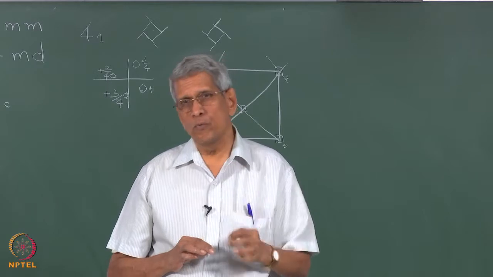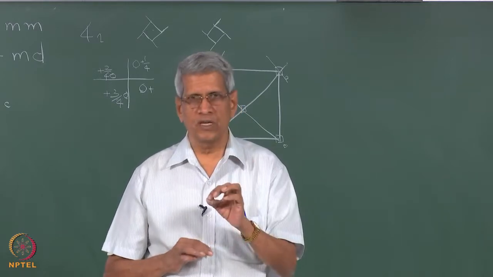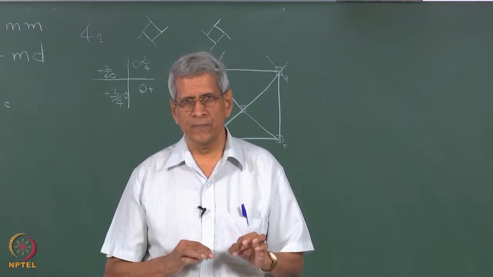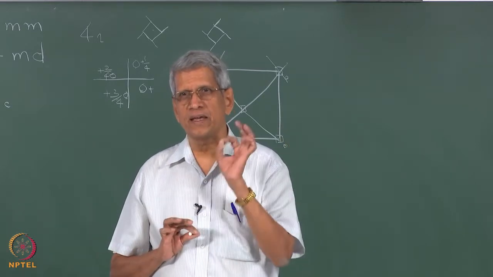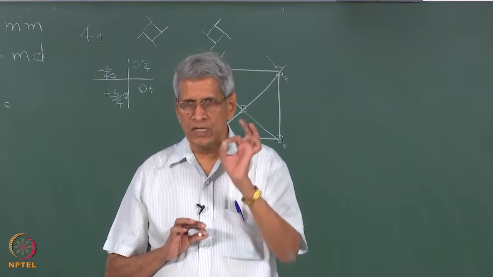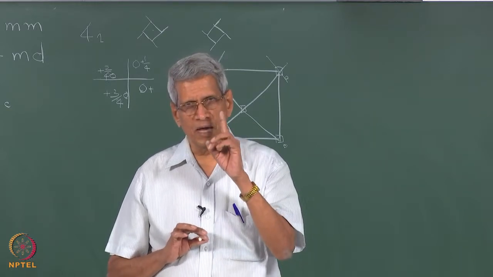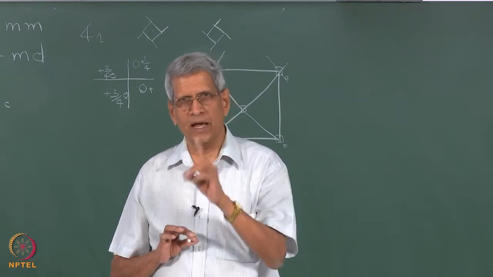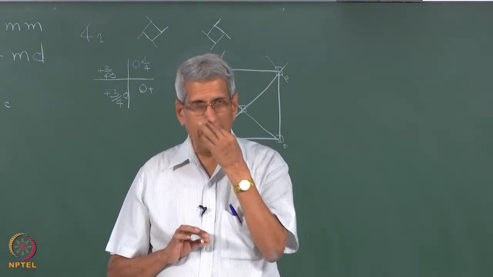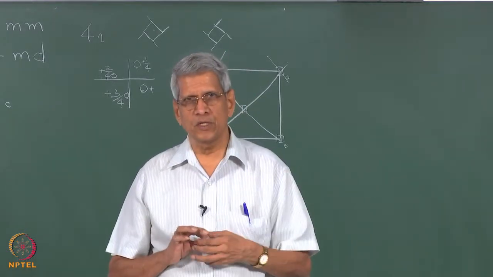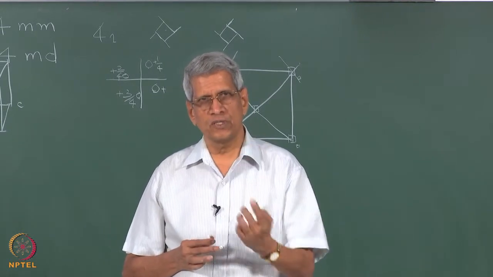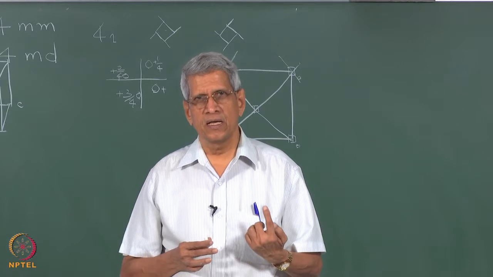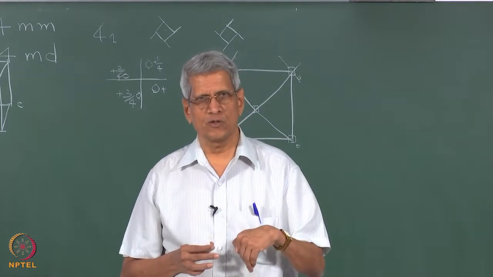Which position the atom will actually occupy, because this is a geometrical possibility looking at symmetry, is decided by the energetics. So generally, if you are trying to keep a single atom, what it will try to do is occupy the position which has the maximum symmetry, which always has the lowest energy in the lattice.